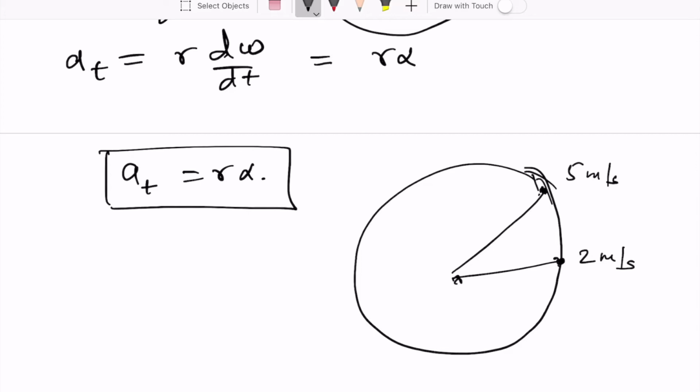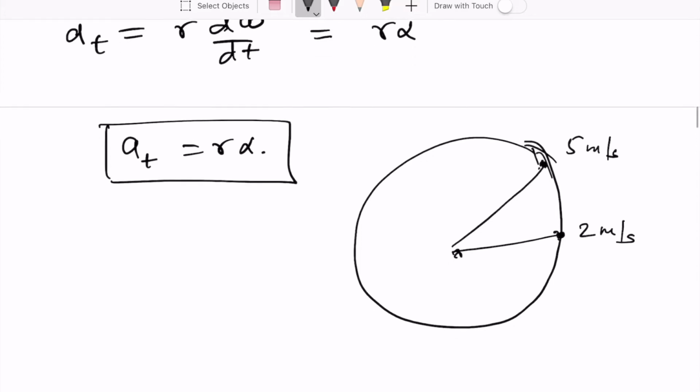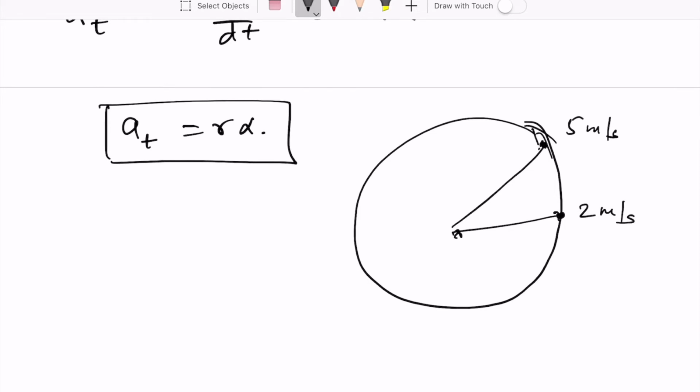So the relationship between tangential acceleration and angular acceleration is this: a tangential is equal to r alpha. Please make sure that you understand what all these different accelerations are, like what is angular acceleration and what is tangential acceleration.